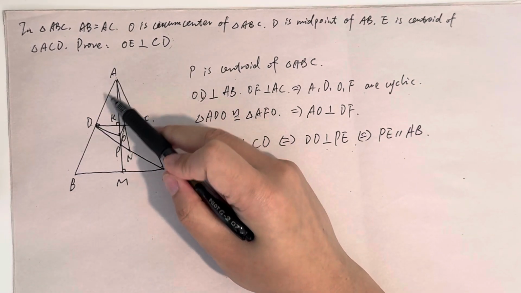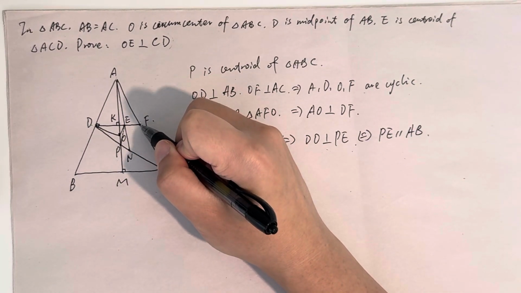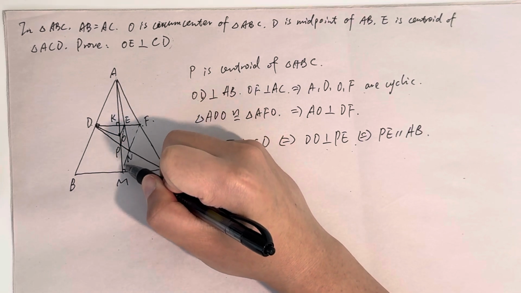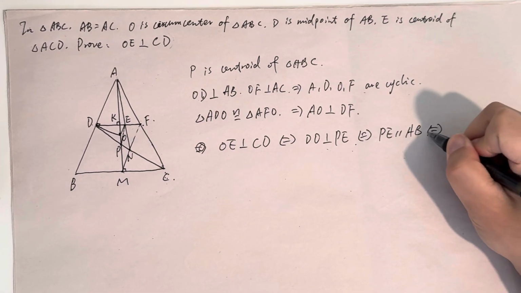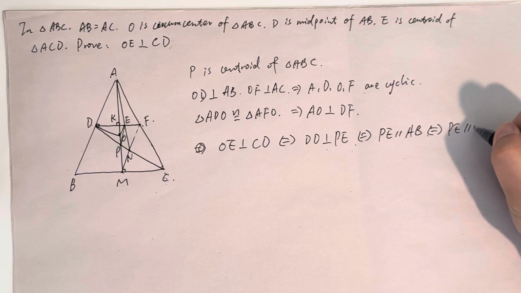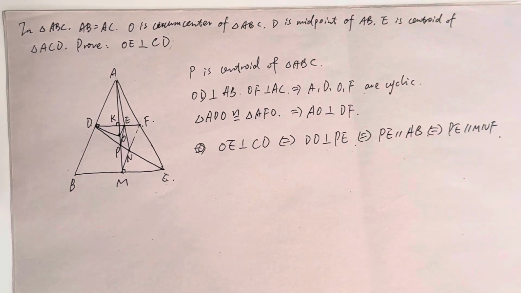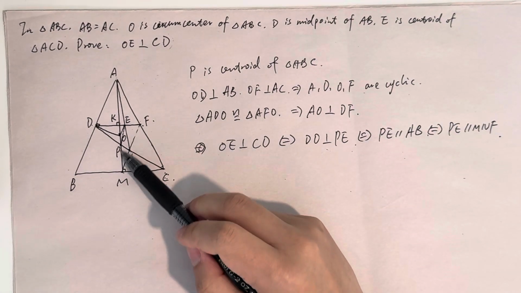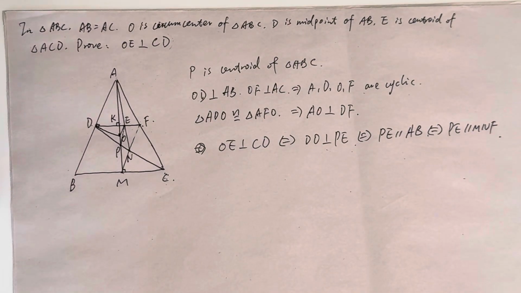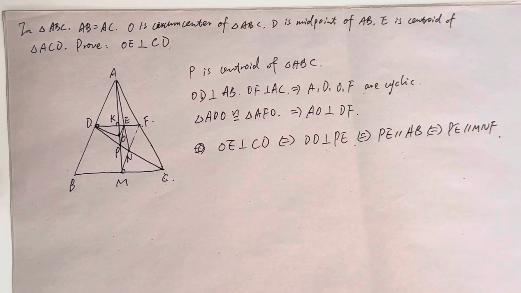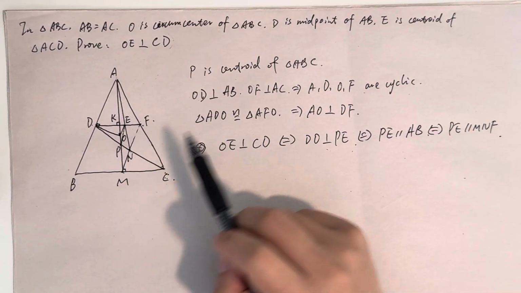And we know that AB is parallel with MNF. Which means we just need to prove that PE is parallel with MNF, right? And think about what we have here.